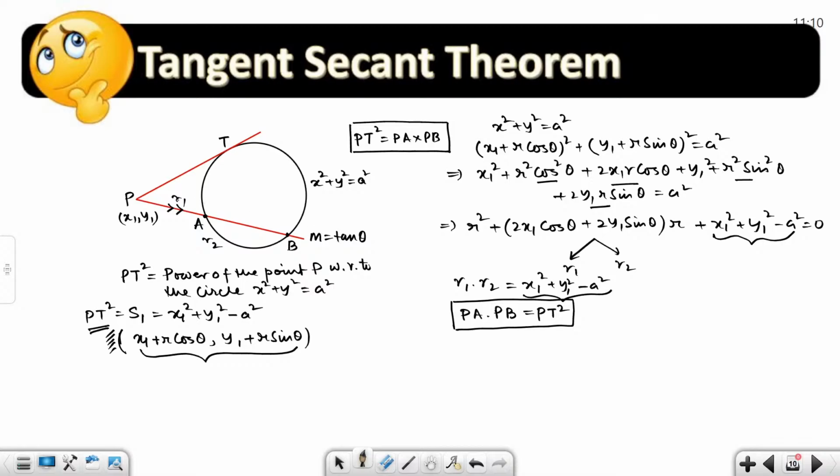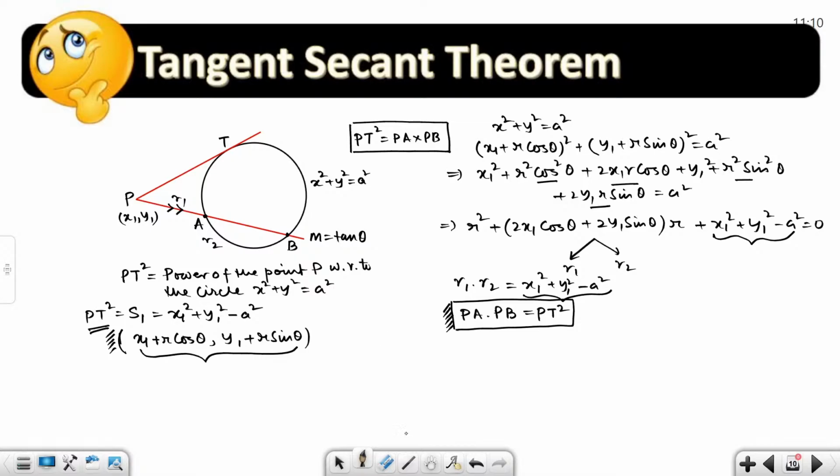So whenever we draw a tangent from a point to a circle and the secant through that point, then the relation between the tangent and the secant is given by this formula, PT square equals to PA into PB.